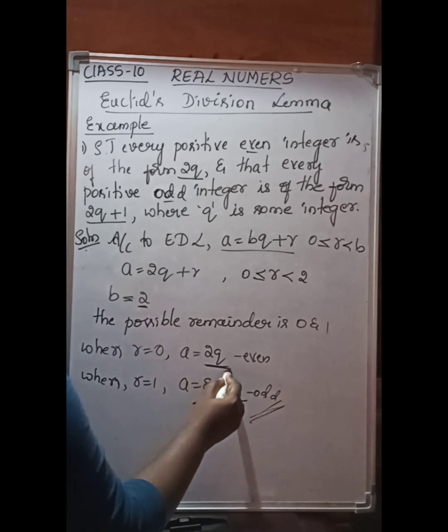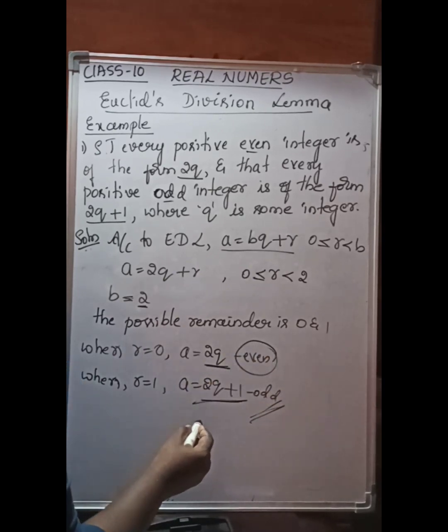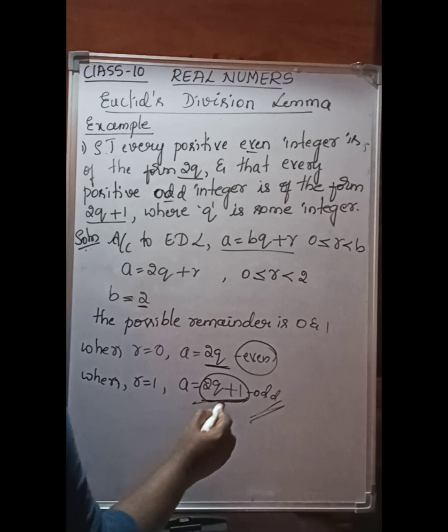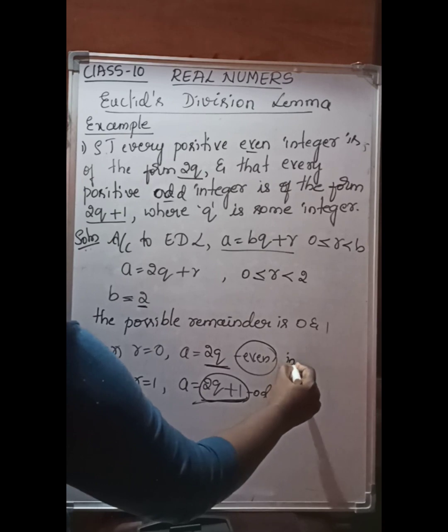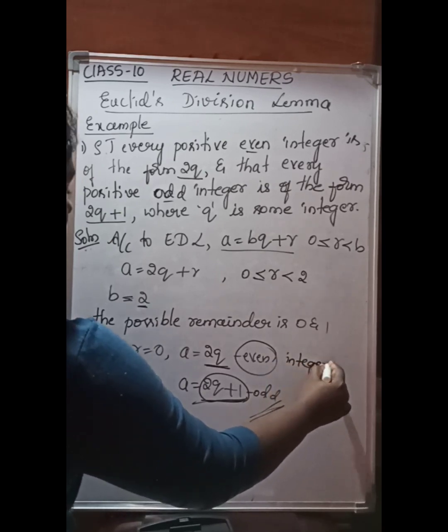If it is in 2q form, it is an even positive integer. If it is in 2q plus 1 form, it is in odd integer form. Here you write even integer and odd integer.